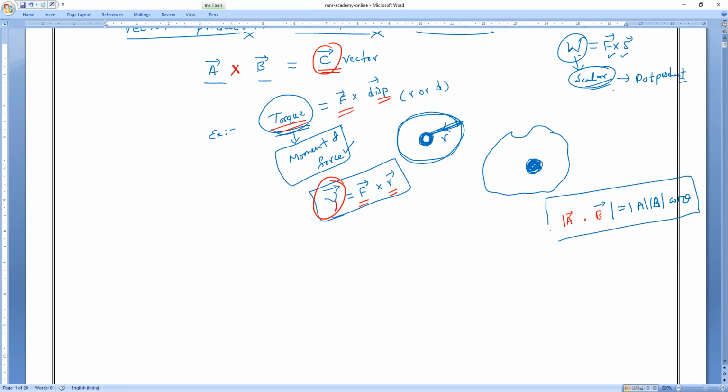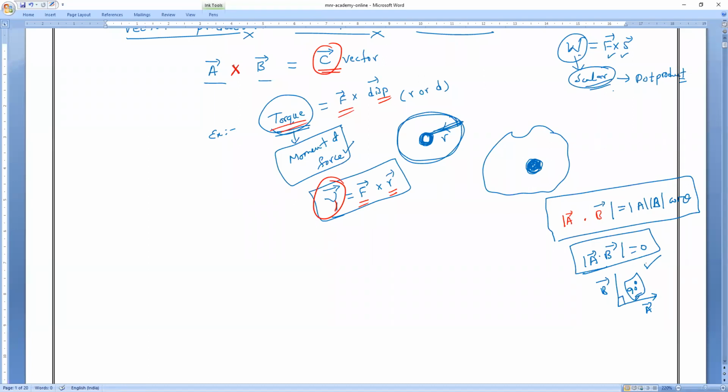This is for the dot product. When the angle between vector A and vector B is 90 degrees, then we all know very well A dot B is equal to how much? 0.